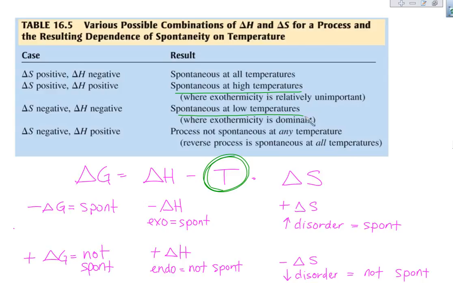And it all goes back to this equation, where they might say delta H is positive, delta S is negative. At what temperatures will this be spontaneous? And they're looking for no temperatures, all temperatures, high temperatures, or low temperatures. Plug those variables into this equation and see what it will take to keep delta G negative. Then I know that my reaction will run spontaneous.